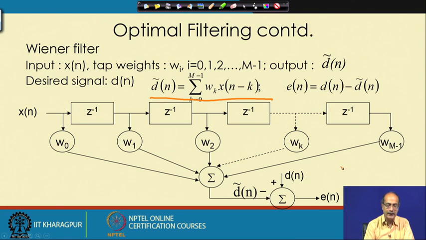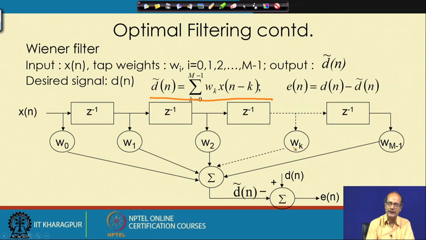And here one point I would like to point out: here w k, this index suggests with which lag of the input it is multiplied, and it does not have any index with n.